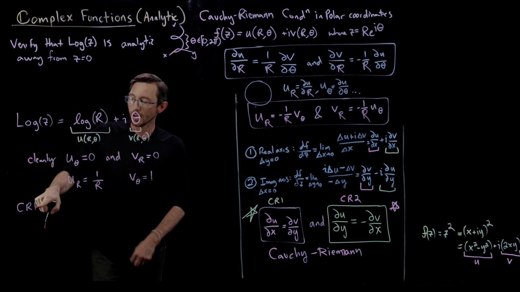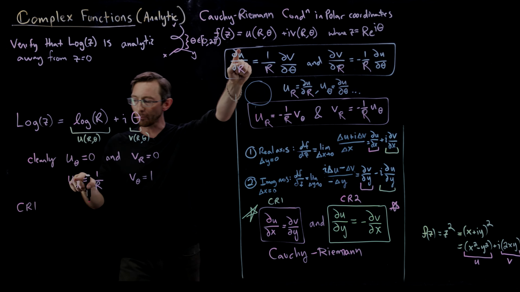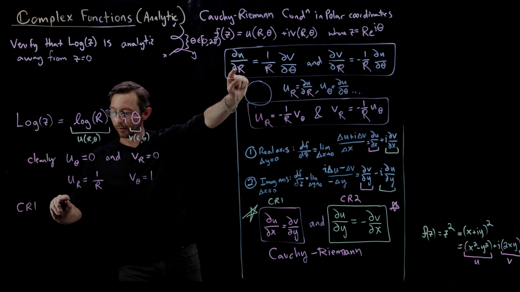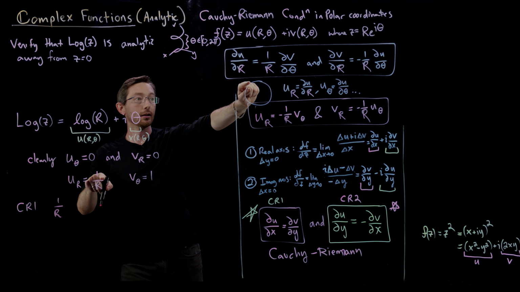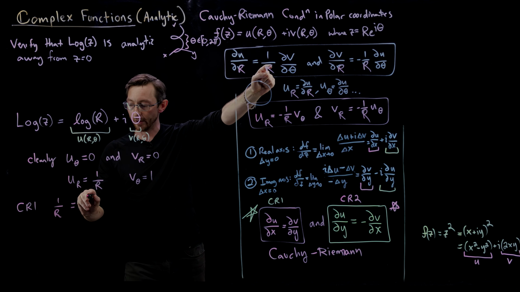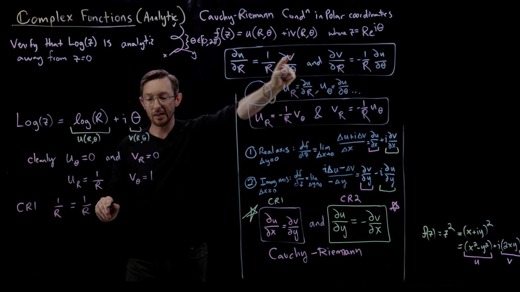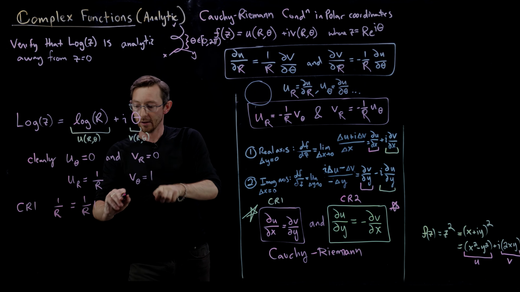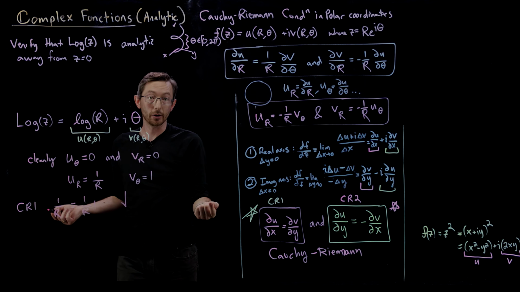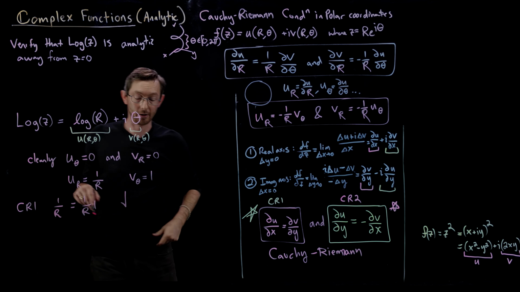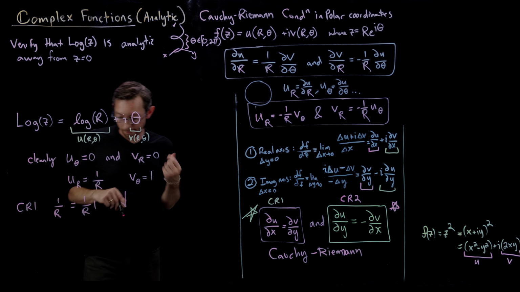Those are radii. Cauchy-Riemann 1, partial u partial r is 1 over r from here, and that equals 1 over r times partial v partial theta, which is 1. Yes, in fact, 1 over r equals 1 over r, away from r equals 0. Good.